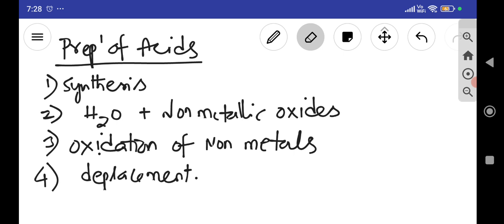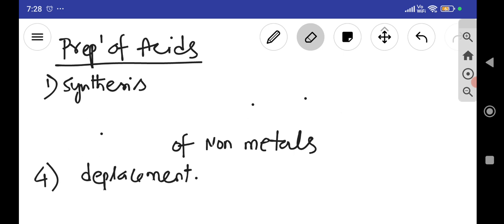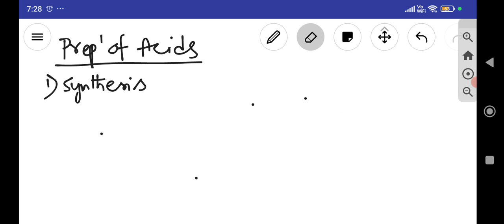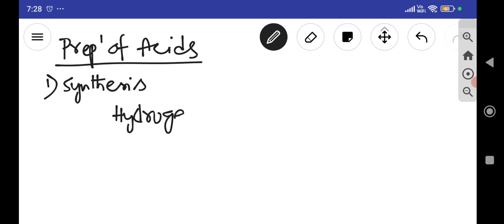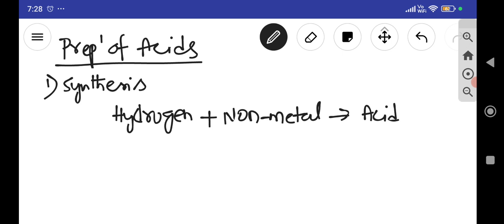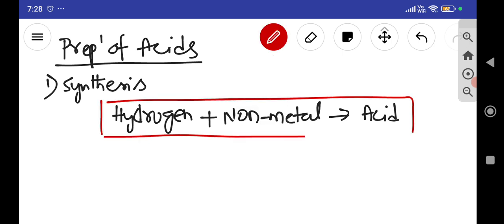Now if you see the first method, that is synthesis. What is meant by direct synthesis here? Take hydrogen reacting with a non-metal. Always remember we have to take the general equation. If you react hydrogen with a non-metal, you are going to get an acid.